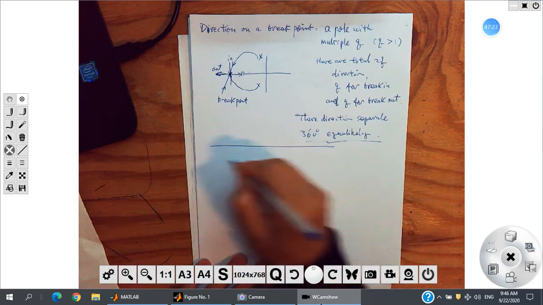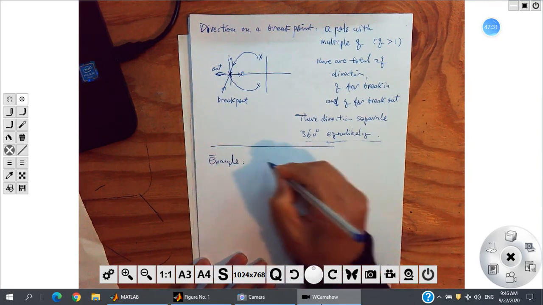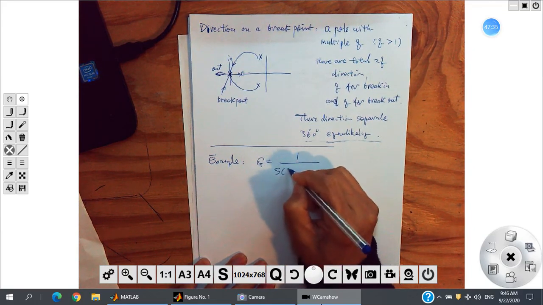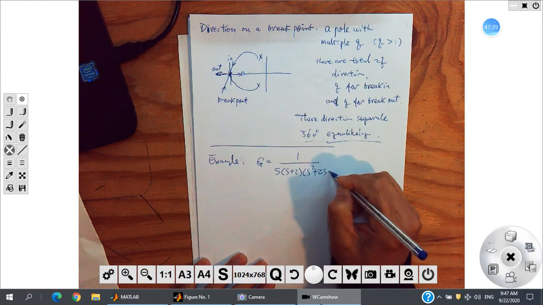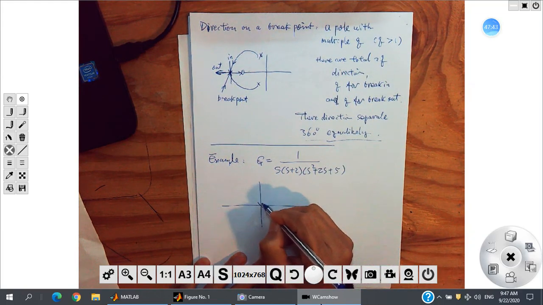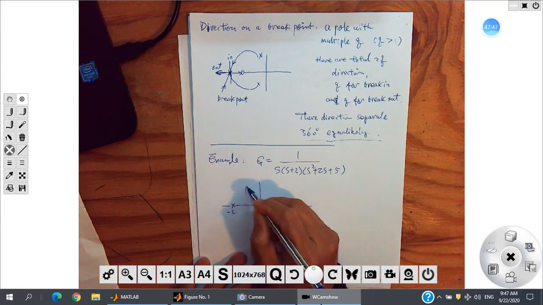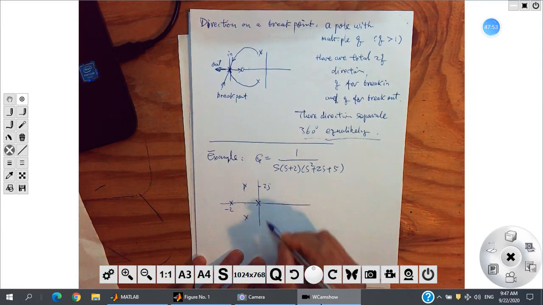Let's see an example. G equals 1 over S plus 2, times S squared plus 2S plus 5. We have one pole here, this is negative 2, and poles here, this is 2j.